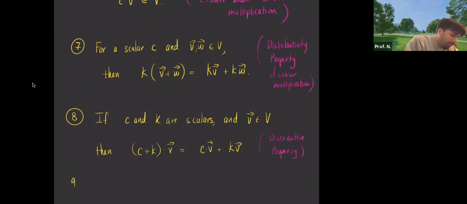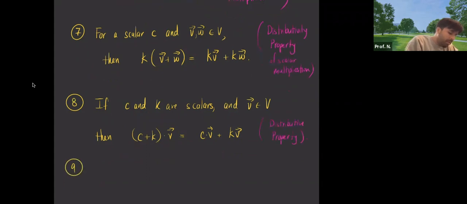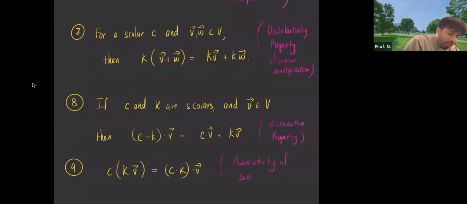And then we have associativity. So if we have C times K times V, this equals C times K times V. This is associativity of scalar multiplication.